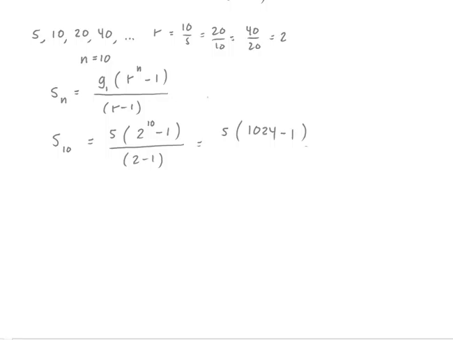And we're going to come down here. 2 minus 1 is 1, so I don't have to really worry about that afterwards. So we're really looking here at 5 times 1023. And that is 5,115.